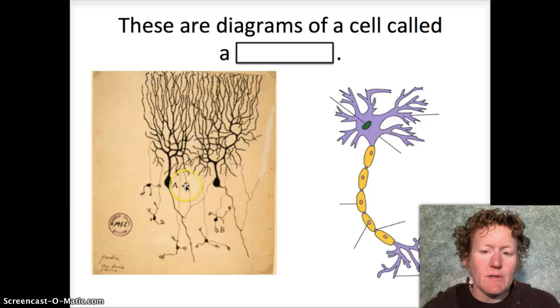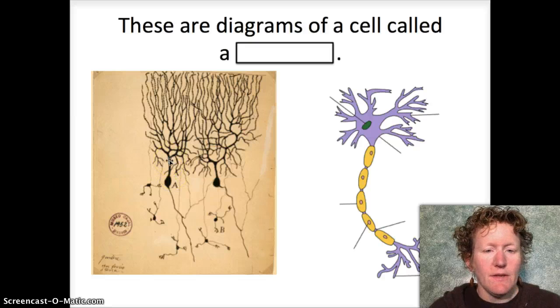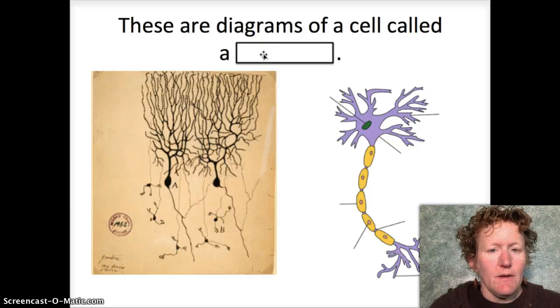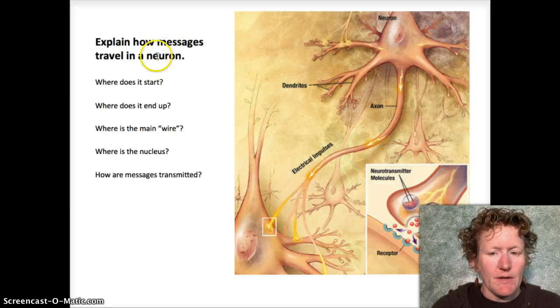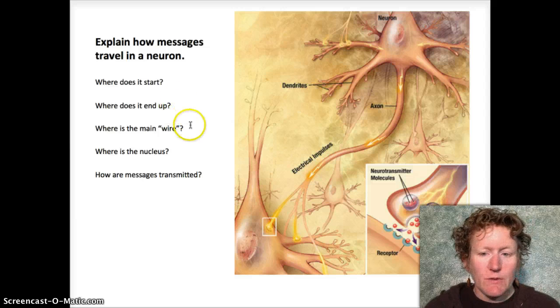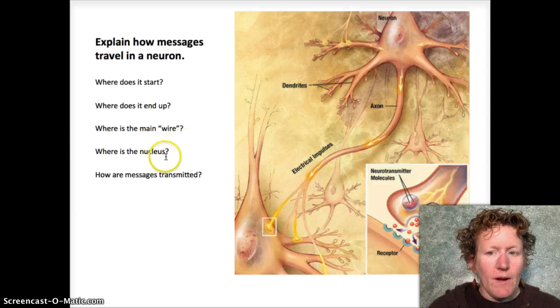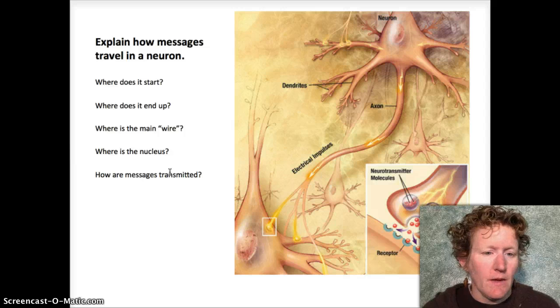Here's some lovely pictures of neurons. Here's a modern sort of cartoon, and here's an old-fashioned drawing of a neuron. Both of these are called neurons, N-E-U-R-O-N. There's how to spell neuron. So know where signals start, where they end up, where's sort of the main wire where messages travel, where is the nucleus, and how are messages transmitted.